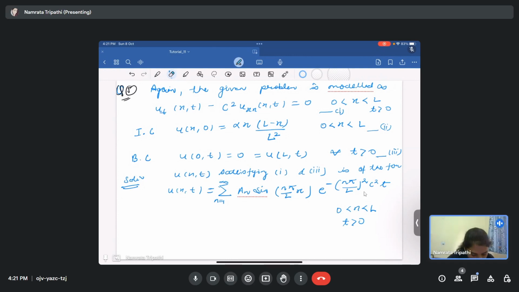Is anyone getting the answer? an is 4 alpha by n cube pi cube. Okay, let me show the answer. You can match the answer. Are you getting the same expression?